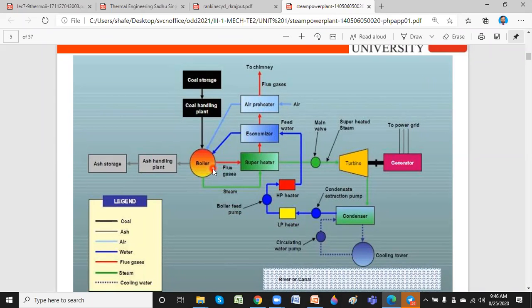For a thermodynamic cycle, I must need heat in, heat out, and work in, work out. Where are you giving heat input? In the boiler, I am supplying heat. Where are you losing heat? You are losing heat in the condenser. So Q in here, Q out here.